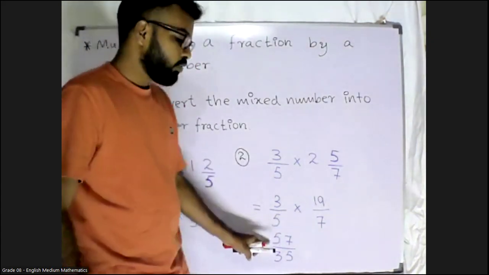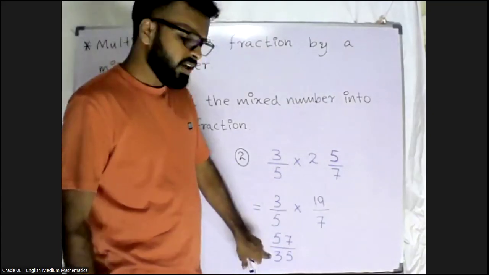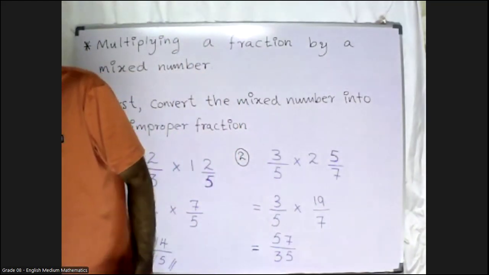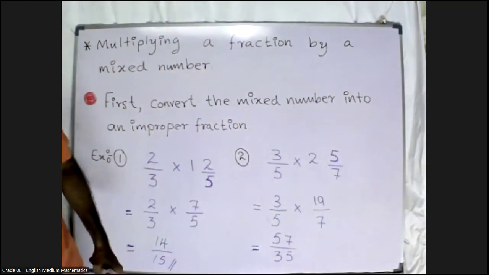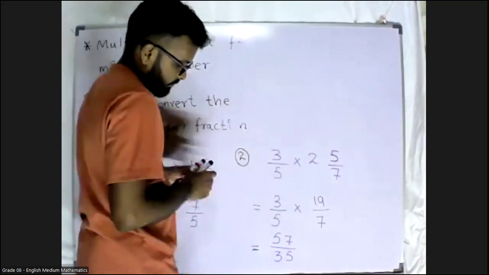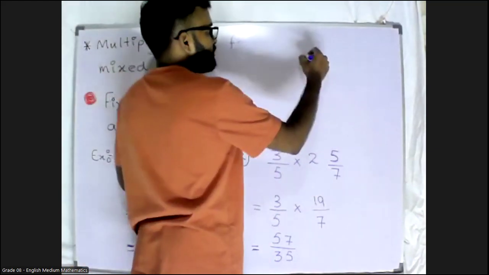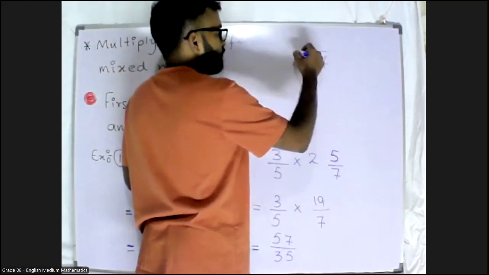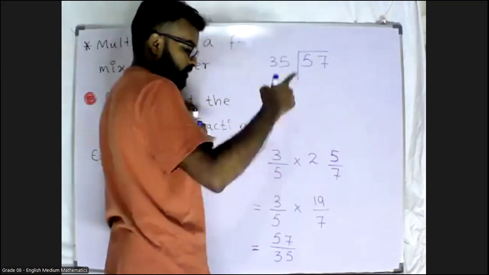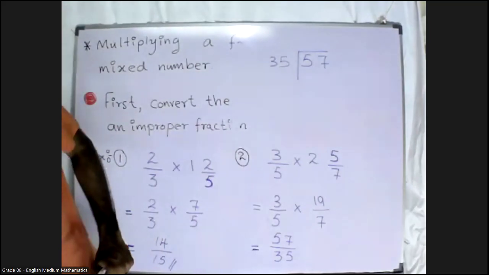So you know how to use the long division, right? So 57 divided by 35. I will do that. This is the way you are going to do this. This is how you are going to convert this improper fraction into a mixed number.